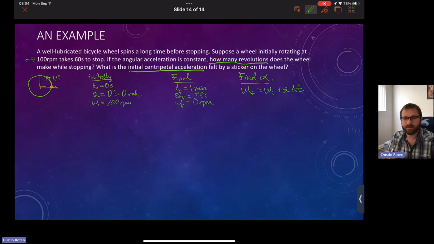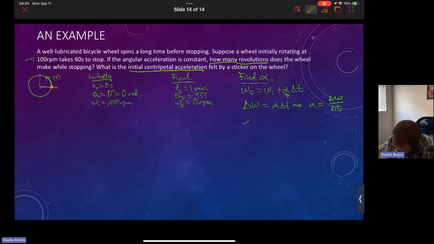Essentially just your final velocity equals initial plus what your acceleration is doing over some amount of time. So it looks like I need my alpha here. So I'm going to move my initial velocity over, subtract it, and that's going to give me alpha dt. And I can just write alpha once I divide the dt over, it's just going to be delta t. So essentially, we're using the basic definition of angular acceleration, d omega dt.